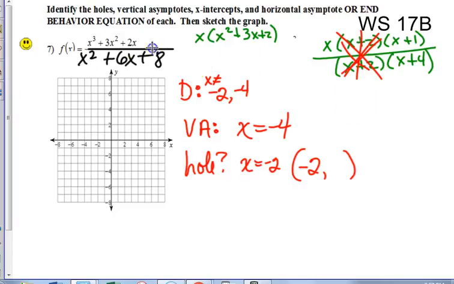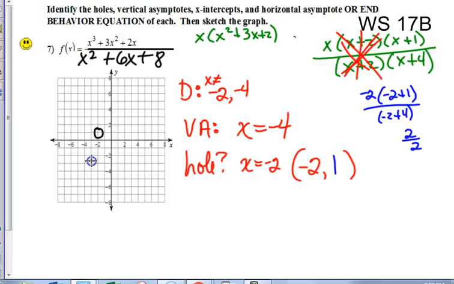If we'd put a negative 2 in back here, we'd get 0 over 0. But now that we've reduced it, we can put a negative 2 in. Yes, you get 2 over 2, which is 1. Okay? So the hole is at negative 2, positive 1.